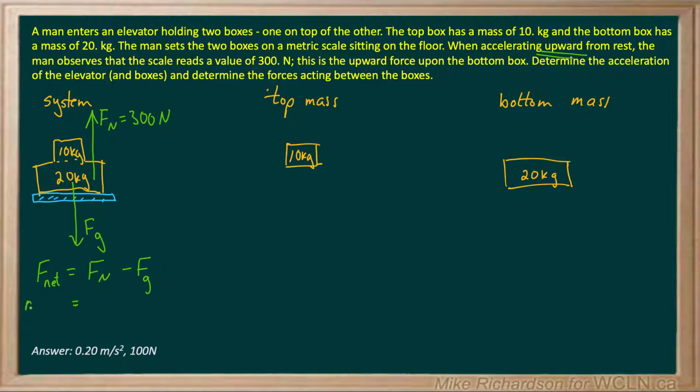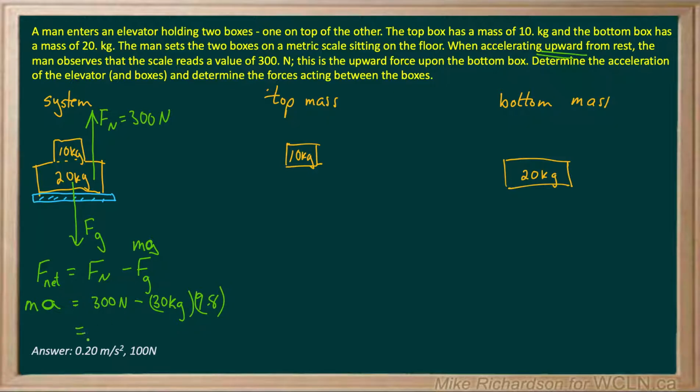I've got ma on the left. My normal force upwards is given as 300 newtons. And my force of gravity down, as usual, is just mass times gravity. So my mass is 30 kilograms times 9.8.